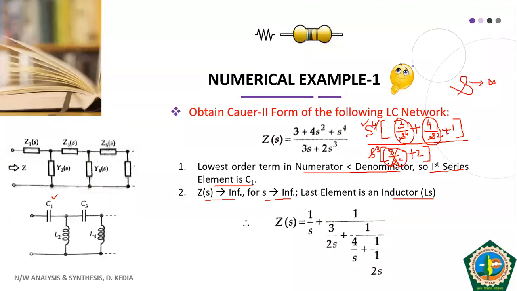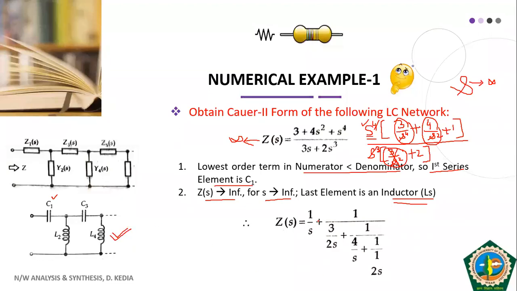But we have s in the multiplication, so s tends to infinity. So overall, the value of Zs tends to infinity. So for s tending to infinity, Zs tends to infinity. That means the last element will be an inductor only. Fine, that is this one.